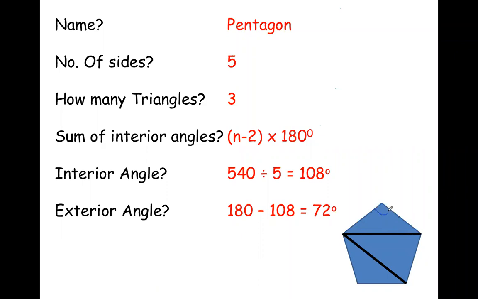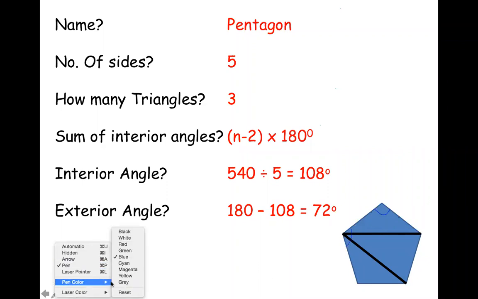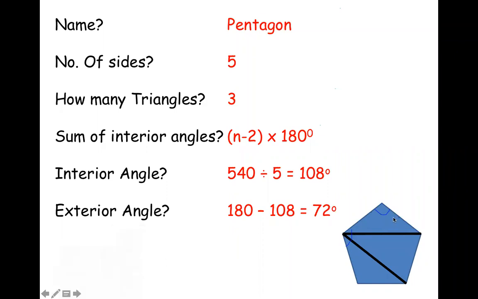So the angles inside will be 1, 2, 3, 4, and 5. So there are 5 angles here. So sum of interior angles means when all these are added up together, you should get 540.